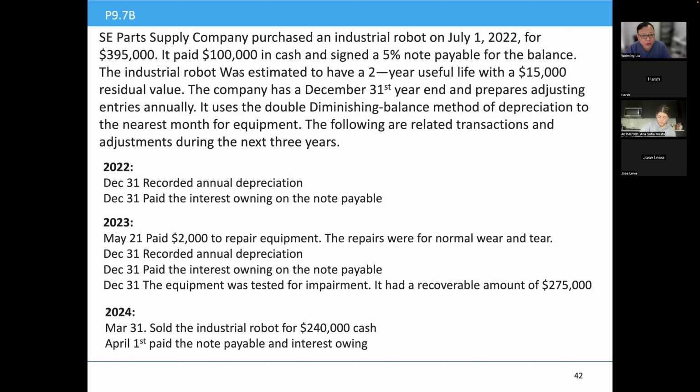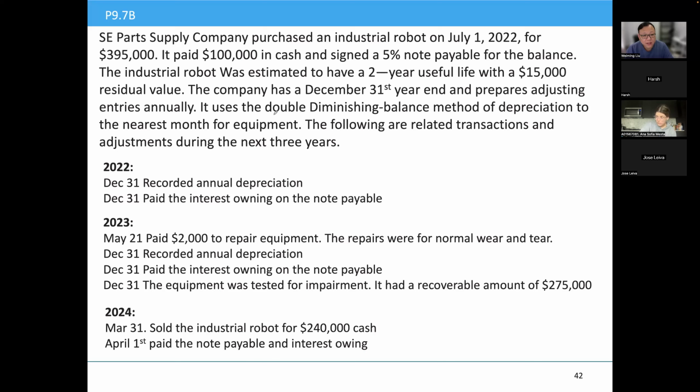The industrial robot was estimated to have a 2-year useful life with a 15,000 residual value. The company has a December 31st year end and prepares adjusting entries annually.